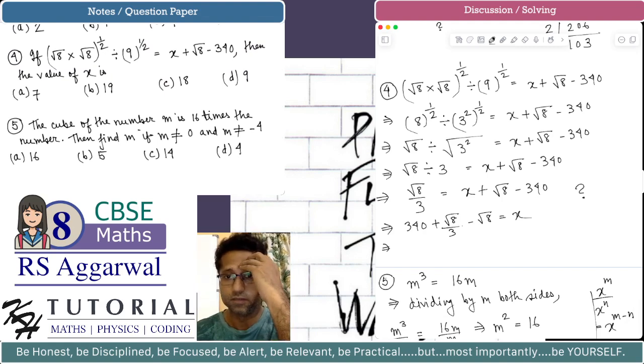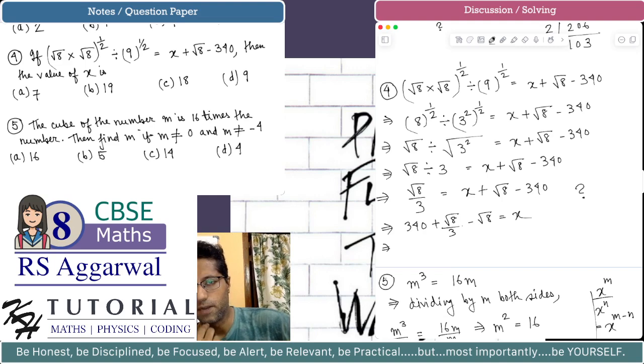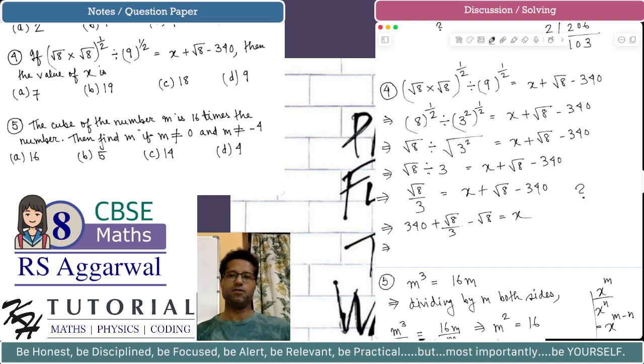Even if the square root of 8 would have been cube root of 8, then on the left hand side we would get cube root of 8 is 2. So 2 multiplied by 2, which is 4. 4 raised to the power half means square root of 4, which is 2. And square root of 9 is 3. So 2 divided by 3. The left hand side will become 2 divided by 3 if instead of square root of 8 it is cube root of 8.